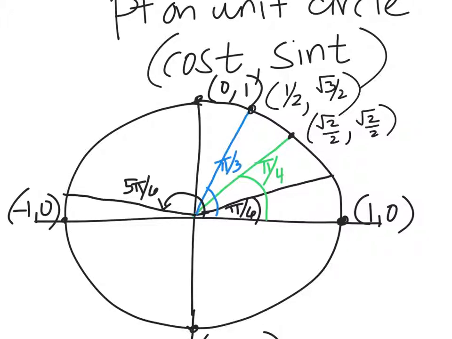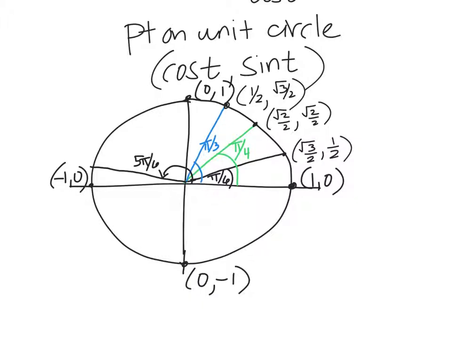And then over here, at pi over 6, x is now rad 3 over 2, and y is 1/2. There you go. Those are the 3 points that you need. Everything else comes from that. So write those 3 points down. Those are going to be the most important points that you have.